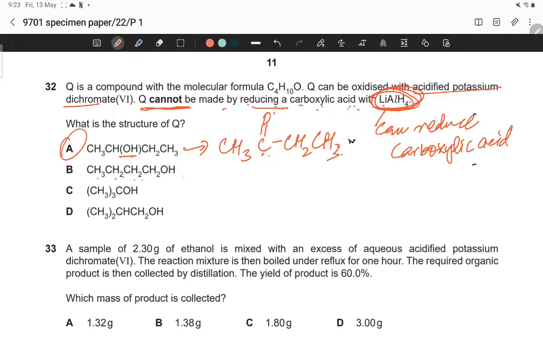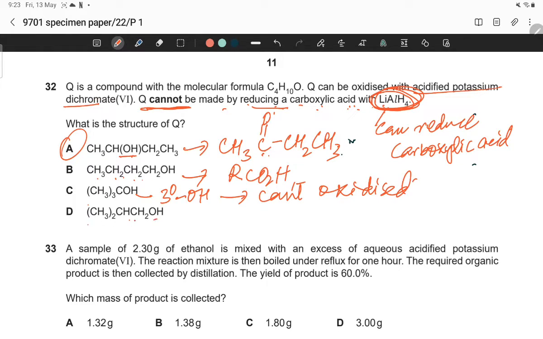CH3, CH2, CH2, CO2H forms a carboxylic acid, and this can be made by reducing with lithium aluminum hydride. This cannot, because this is a tertiary alcohol, so it can't be oxidized.